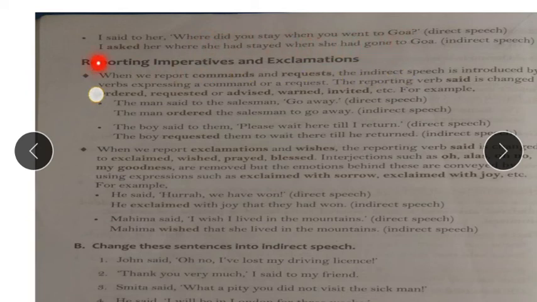I asked her where she had stayed, because this direct speech is in simple past tense, and simple past tense will change into past perfect tense. So here we will use where she had stayed when she had gone to Goa. She had gone, gone is the third form of go.